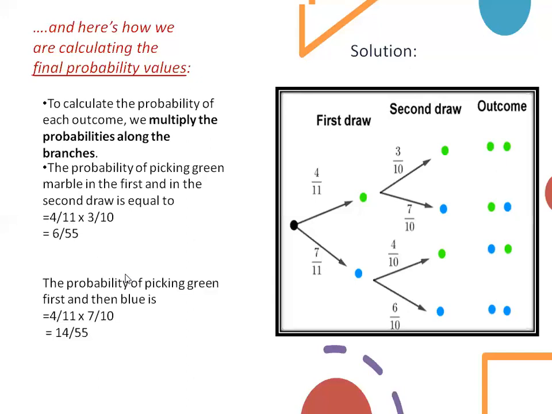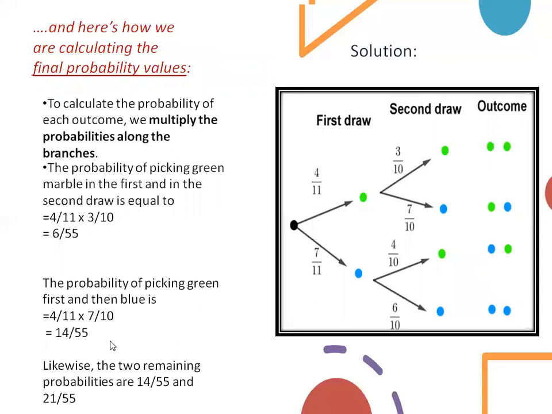The probability of picking green first and then blue, so we have to move through these 2 branches: 4 by 11 into 7 by 10, which results in 14 by 55.